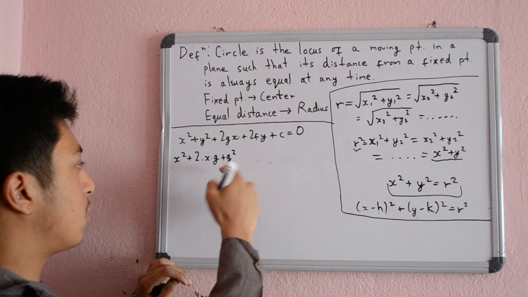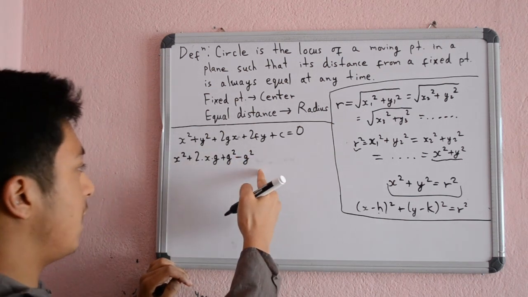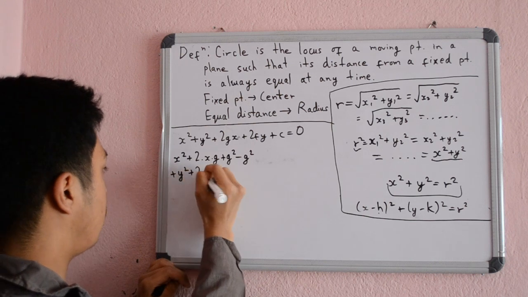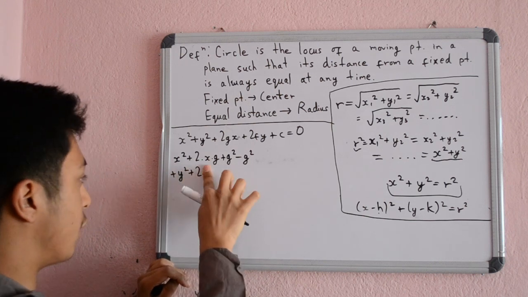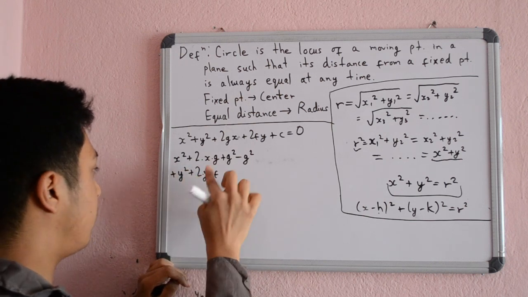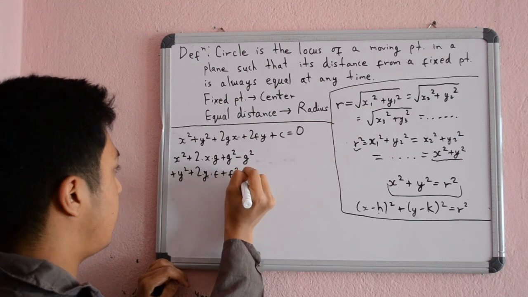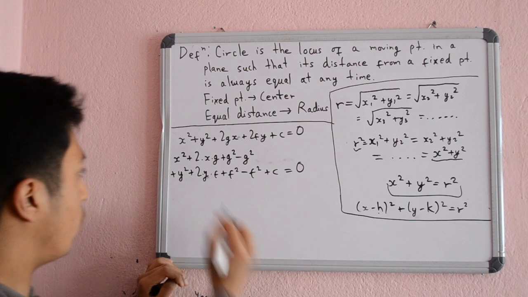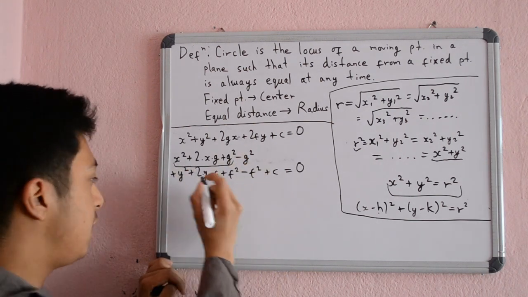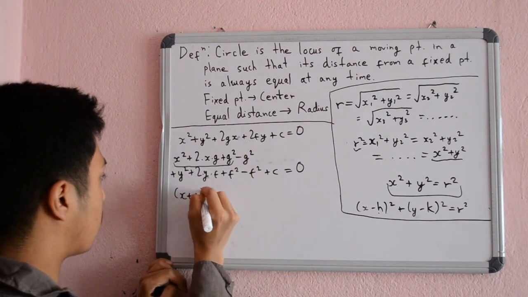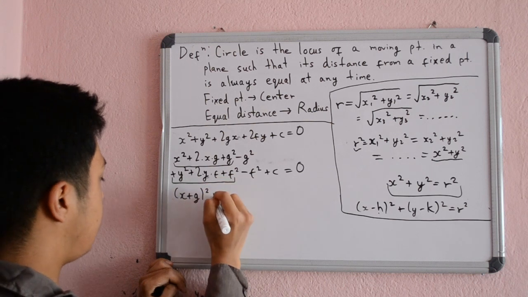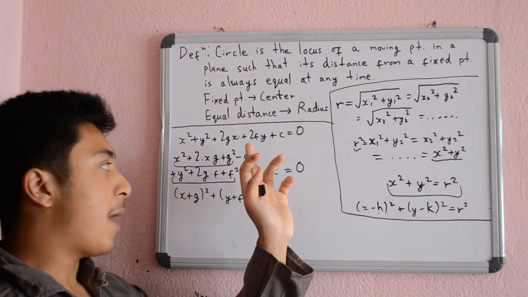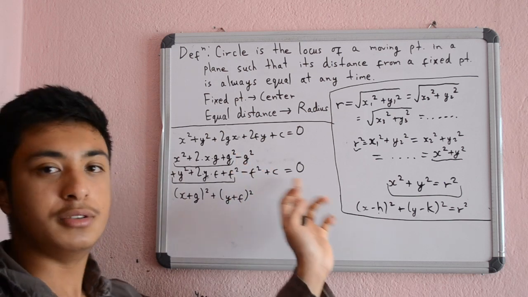And since we added g square, let's just subtract it. Similarly for y square, we can also do that: y square plus 2 into y into f plus f square minus f square plus c is equal to 0. Now this part is simply x plus g whole square, and this part is simply y plus f whole square. And you'll have minus g square minus f square plus c is equal to 0.